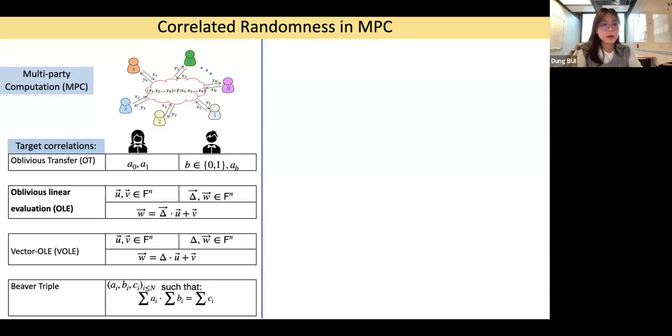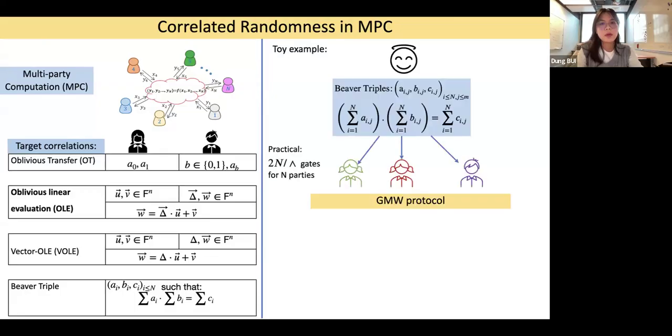So in this talk, we focus on OLE correlation. Keep in mind that this is a secret sharing of linear operations, where Alice and Bob get the shares of it. So how do people use the randomness of the correlation in MPC? There exists a protocol called the GMW protocol.